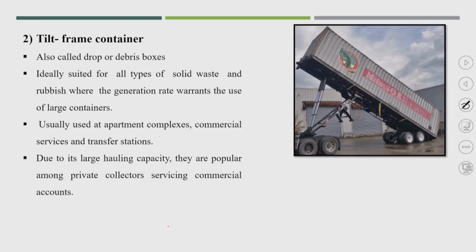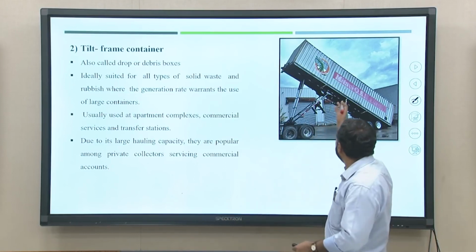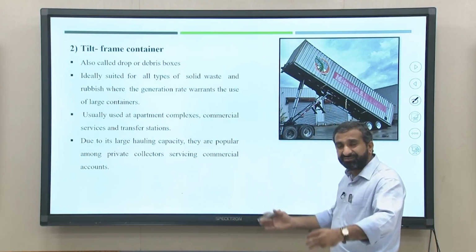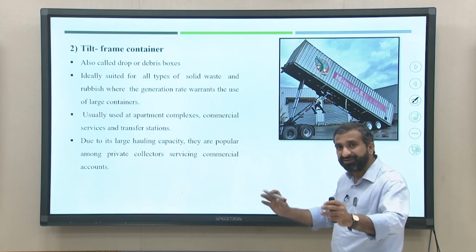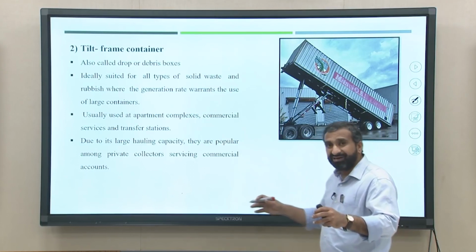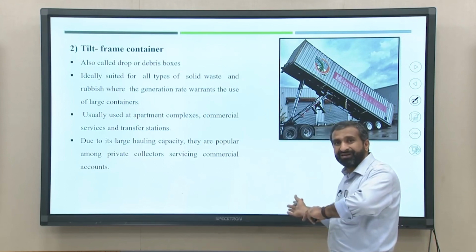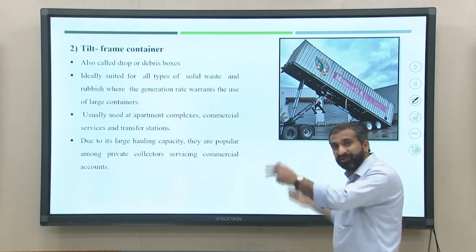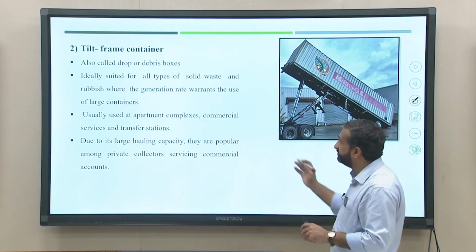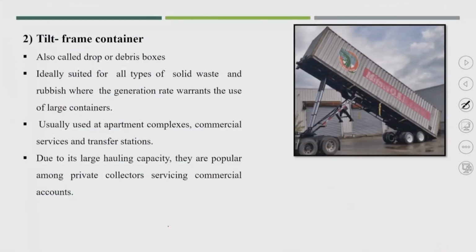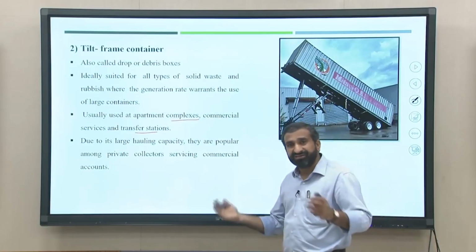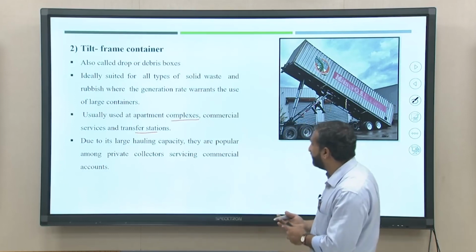Once it reaches the disposal site or recycling facility, unloading is very easy because of the tilt frame. Usually this is used in apartment complexes, commercial services or transport stations, where different kinds of waste arrive and the quantity is also very large.